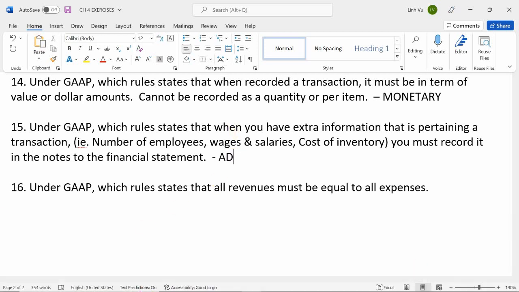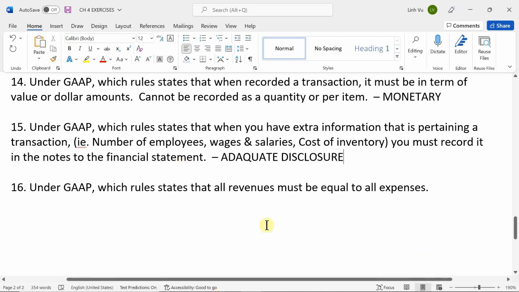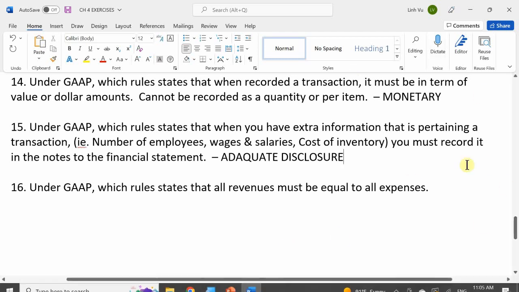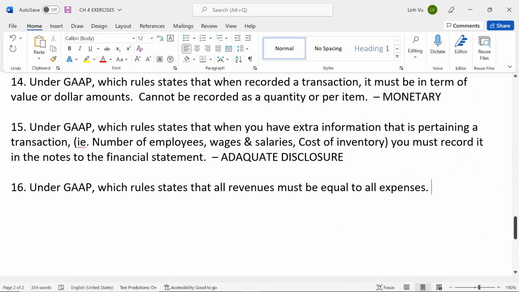Adequate disclosure. Good. All right, last question of the day. Under GAAP, which rule states that all revenues must be matched with expenses? Matching. Yes, matching principle is correct.